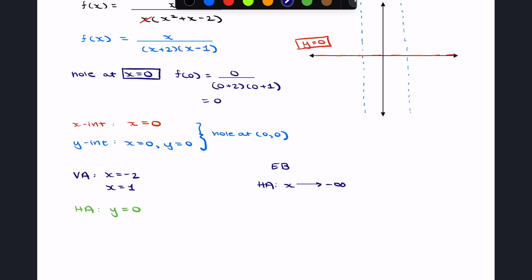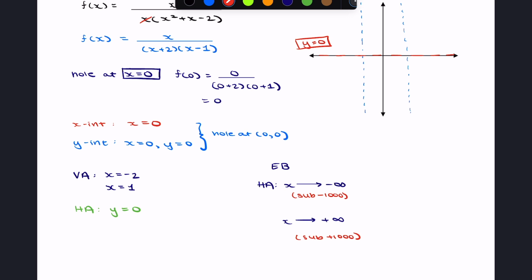And here, we'll also look at, again, when x approaches positive infinity. And here we can sub in for -infinity, we'll sub -1000. For positive infinity, we'll sub positive 1000.